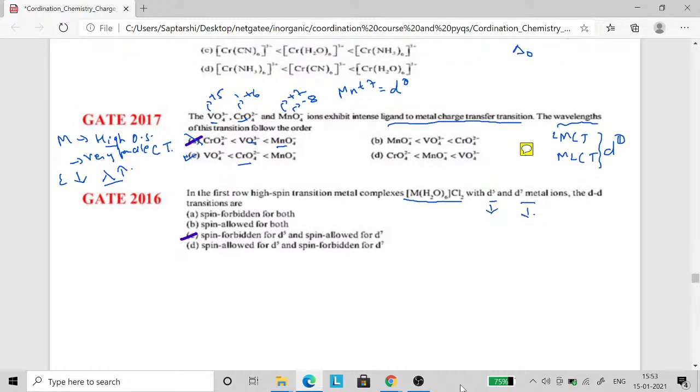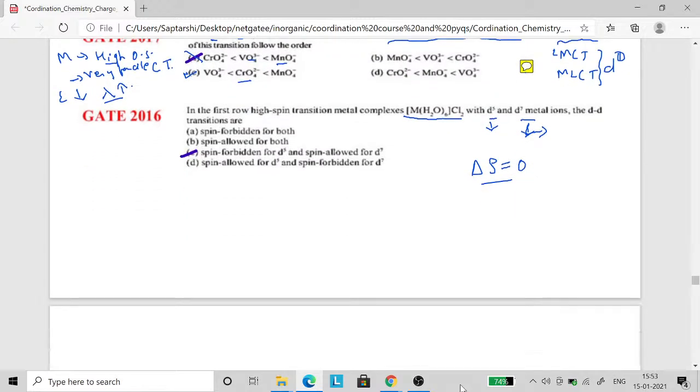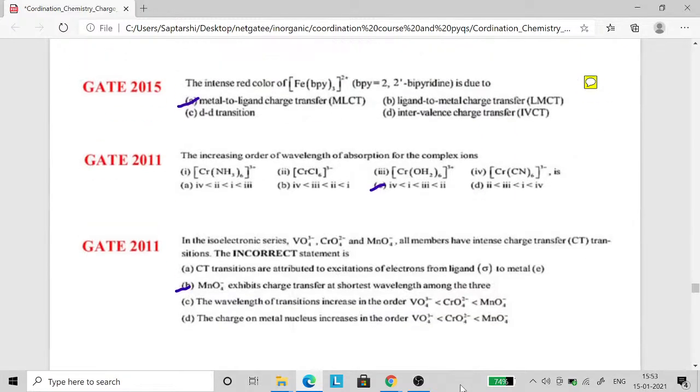If you see the spin selection rule, it has to have delta S equal to 0, right? D5 will be spin forbidden, and d7 will be spin allowed. So this is the answer: d5 is spin forbidden, d7 is spin allowed.